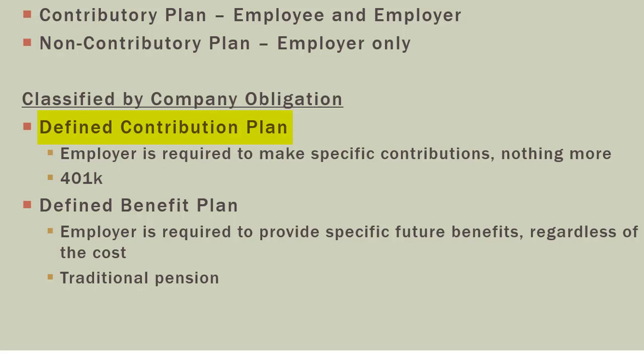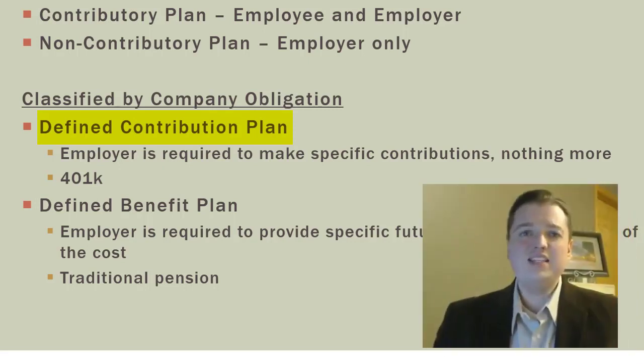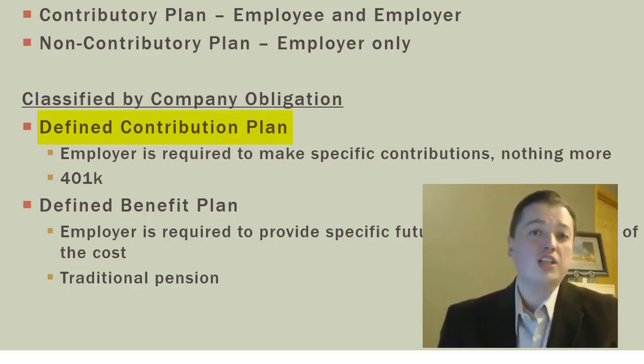Instead, they'll say, if you save 6%, we'll save 6% with you. And then you can make decisions on how you're going to invest, and eventually that will roll in and become part of what you have when you retire. But if you invest poorly or if the stock market does badly, that's not our problem. And that's the big deal with a defined contribution plan, is that it's not the employer's problem if you don't have any money. It's your problem. And that's why employers like it.